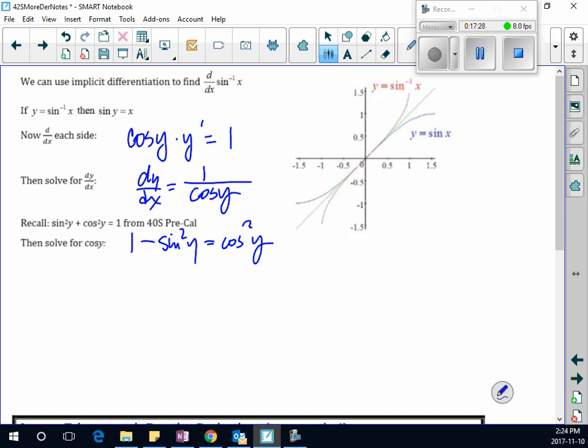I'm going to get plus or minus the square root of 1 minus sine squared of y is equal to cos of y, because when I square root, I get 2 answers. However, because inverse sine is only in this quadrant and this quadrant, can I actually reduce it? Well, maybe not at this point.